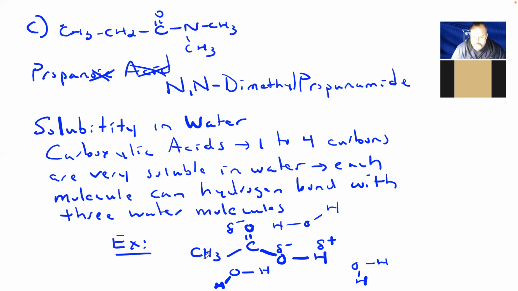hydrogen bonding. So the C double bond O oxygen can hydrogen bond with a hydrogen of 1 water molecule, because hydrogens in water have a partial positive charge. The OH oxygen can hydrogen bond with the hydrogen of another water molecule. And then the hydrogen of the carboxyl group can hydrogen bond to an oxygen of another water molecule, because that oxygen has a partial negative charge. Okay.